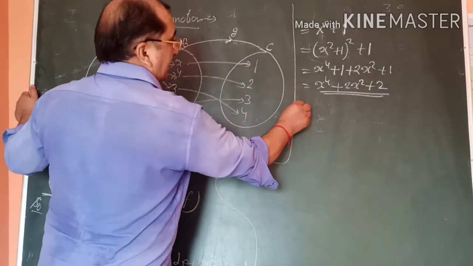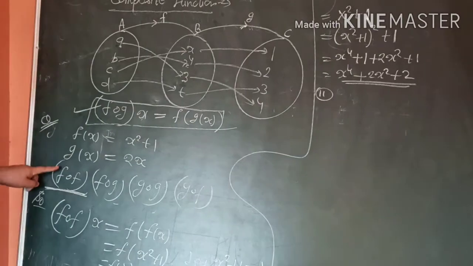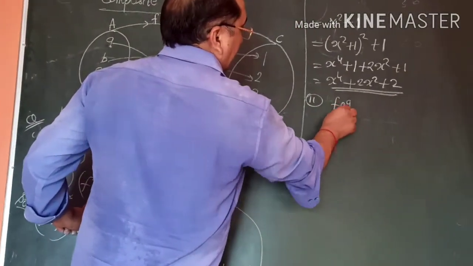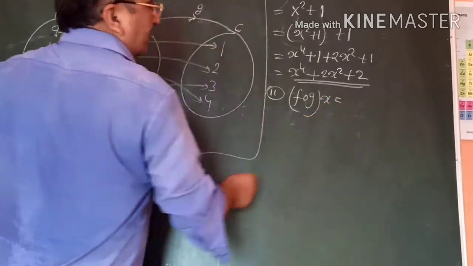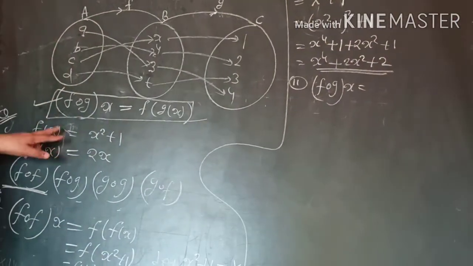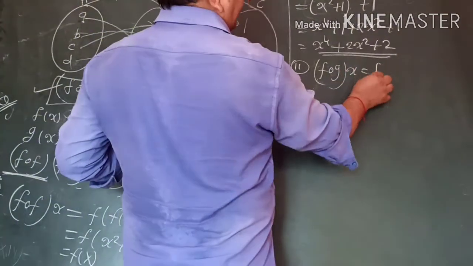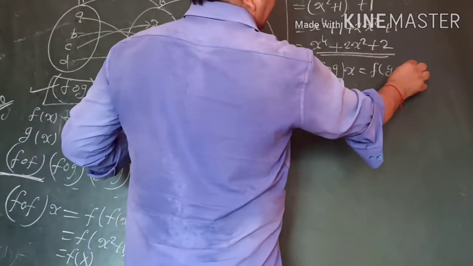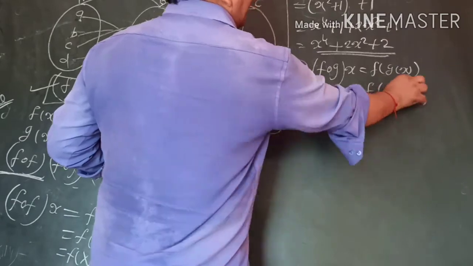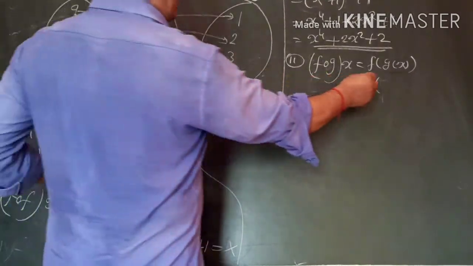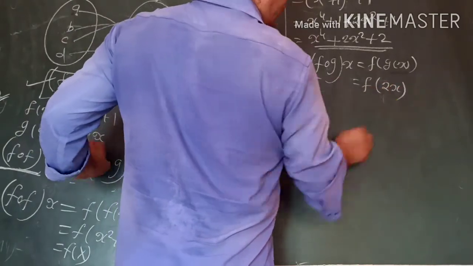And the second part of it, f o g. How can we find f o g of x? What is the formula for that? The formula is this: f o g of x equals f of g of x. In the same way, we can write here f of g of x. First of all, we will write what is g of x. g of x is defined as 2x. You can put 2x here.